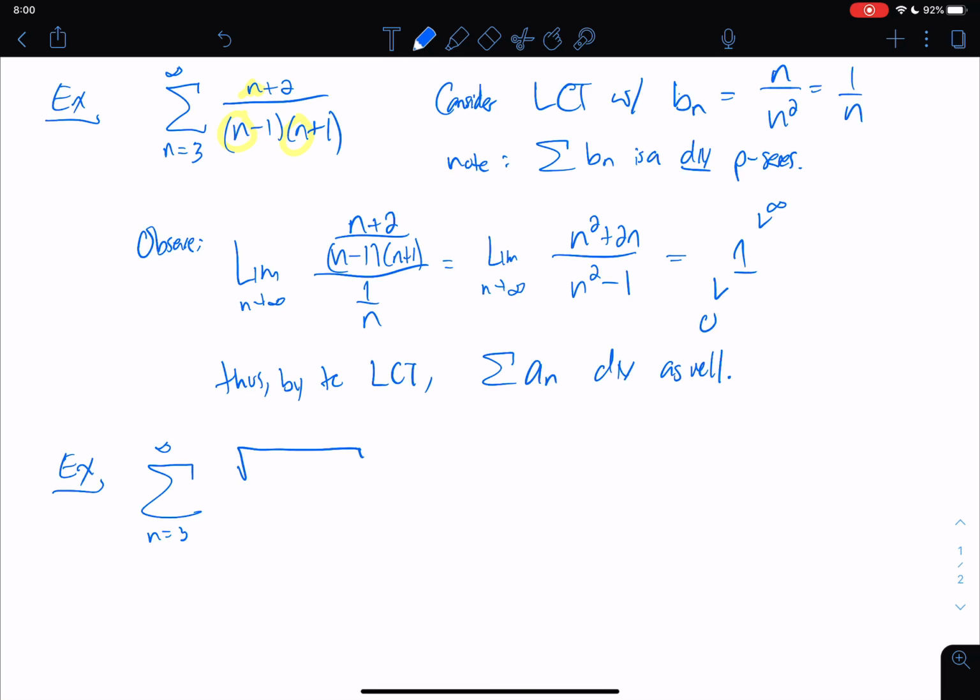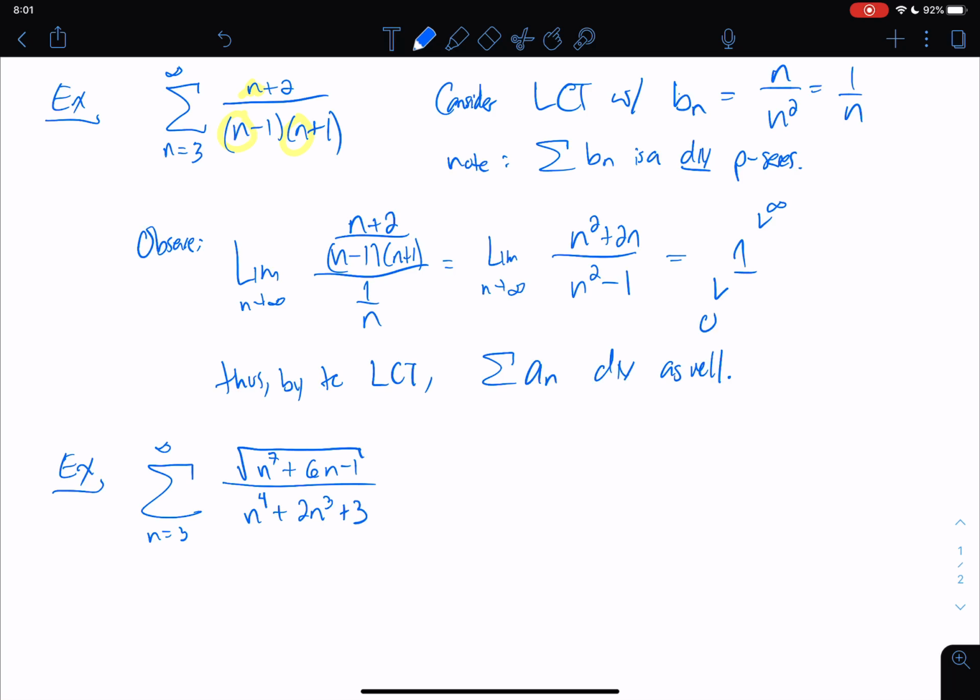The top is the square root of n to the 7th plus 6n minus 1, all over n to the 4th plus 2n cubed plus 3.